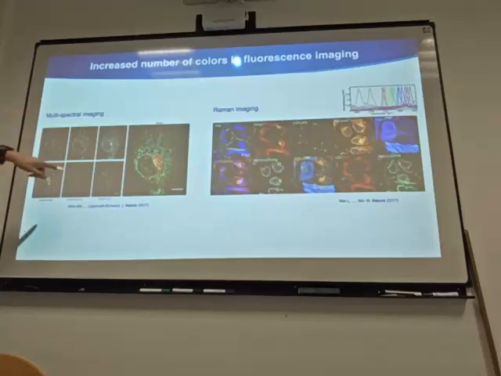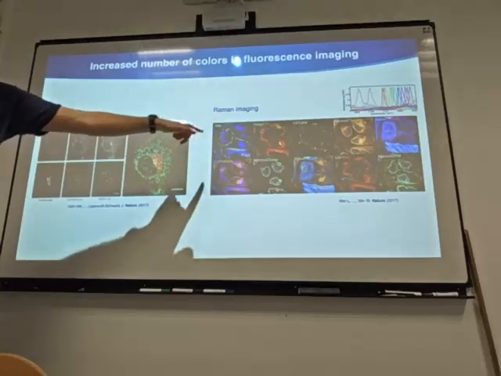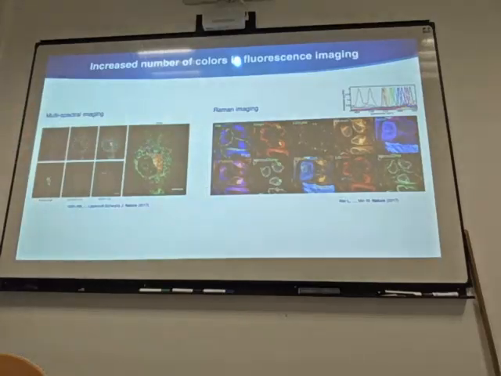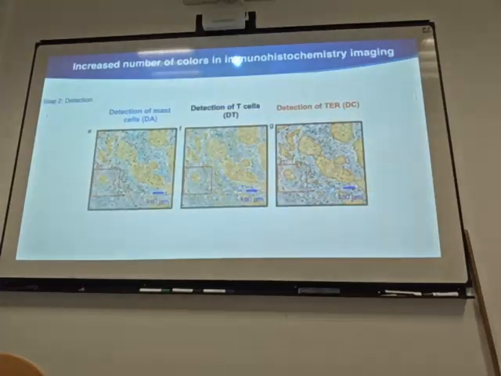So you are using a lot of different fluorescence labeling, and then you can go up to 6 colors and here even more. And these data sets are growing. So we have much more than 2 colors. As I mentioned before, we have also this type of application in immunohistochemistry imaging.